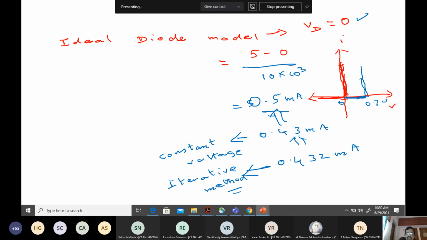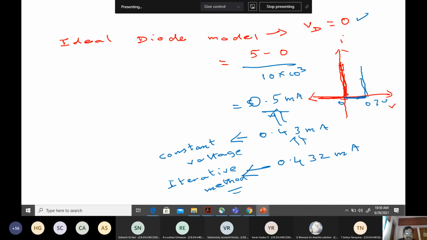The first analysis I will perform with the ideal diode model, and from there I will get into the constant voltage drop model. I think that will be fair enough, because the iterative method is the more accurate method. When you require that level of tolerance, then you go into the iterative method for the devices. I hope I have made the point clear.